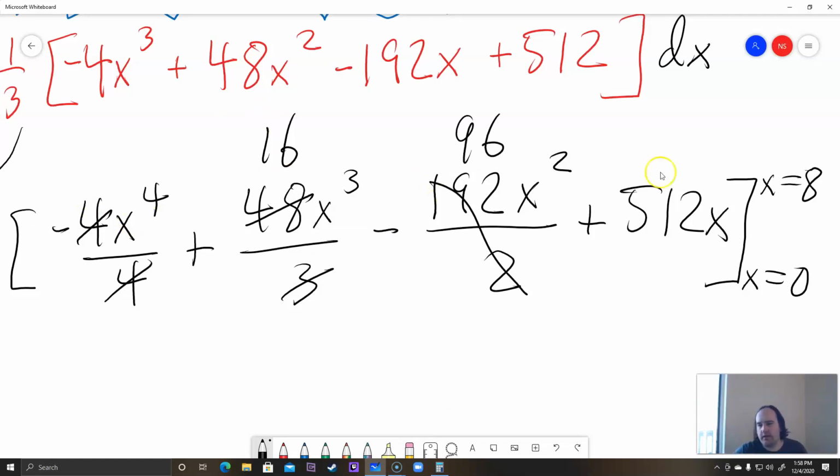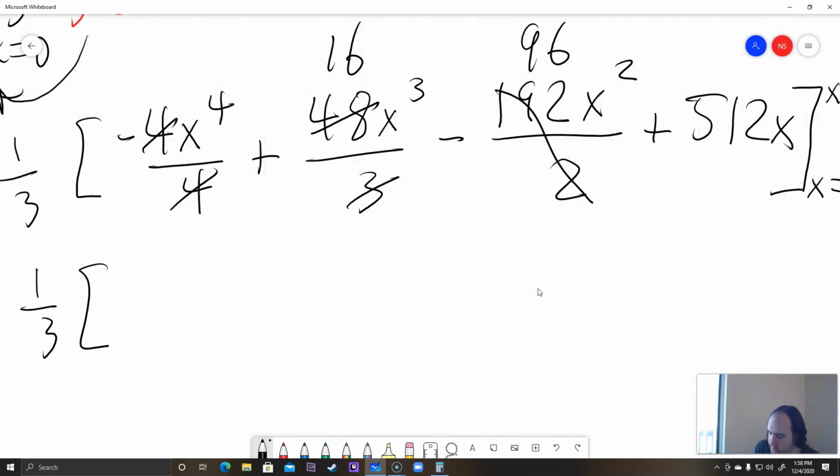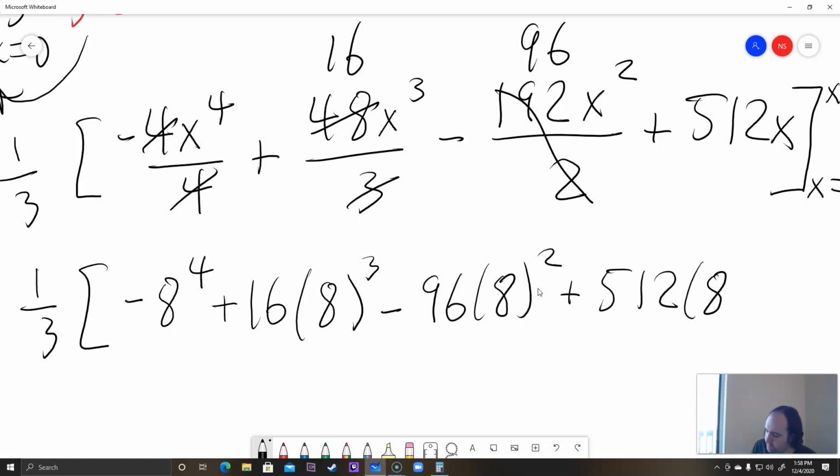Now we're ready to go ahead and plug in these numbers. Starting with the top number, we plug in 8 everywhere we see an x. And we still have a 1/3 out front. So we're going to have negative 8 to the 4th plus 16 times 8 cubed minus 96 times 8 squared plus 512 times 8.